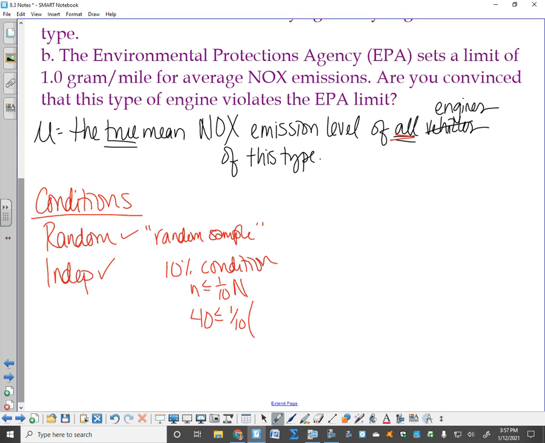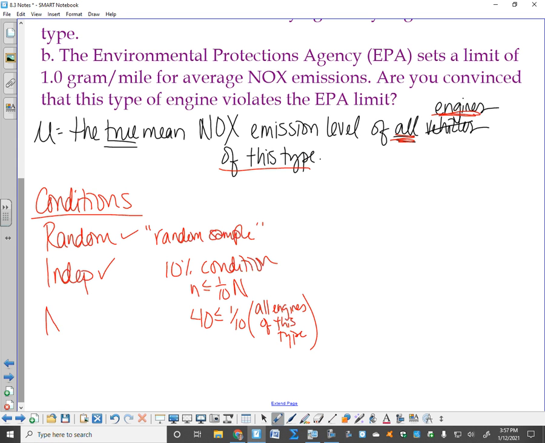Of all engines of this type. Now notice, my N does not have anything to do with NOx emission levels. That's X bar and mu. N is just what? What am I getting these measurements from? I'm getting them from these engines. So those are my subjects.